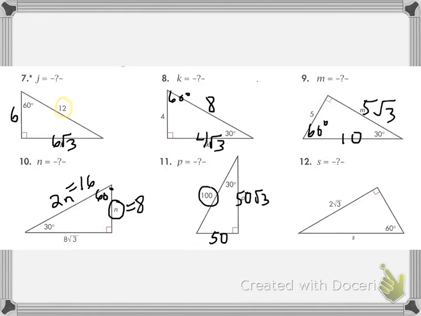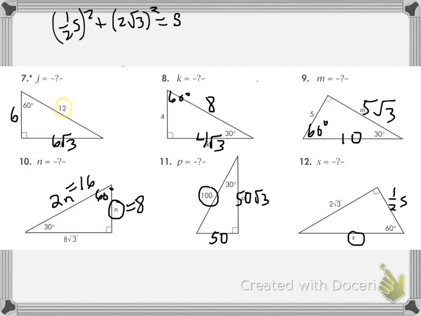Okay, so the last one. Okay, we know S is right here. So this is going to be half S. Okay, I don't really like it that way, but I can deal with it. So I'm going to take half S all squared plus 2 root 3 all squared equals S squared.